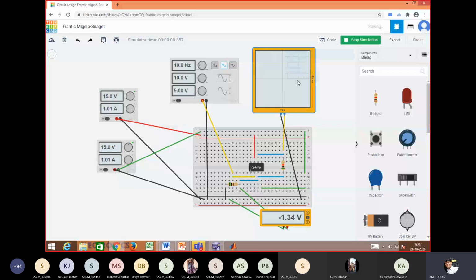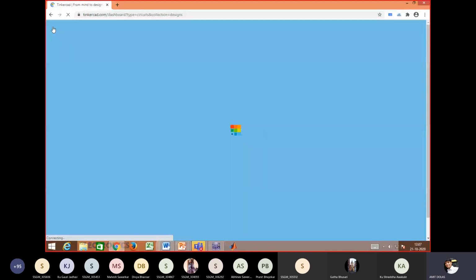This is related to the inverting Schmitt trigger. What I did then, I changed the circuit, I copied it and made a duplicate of this. You are not getting a square wave there at the output. So here I made changes.